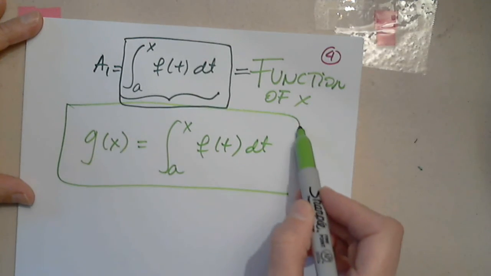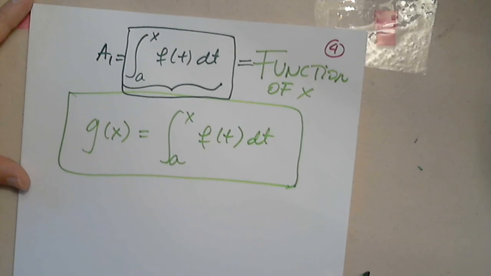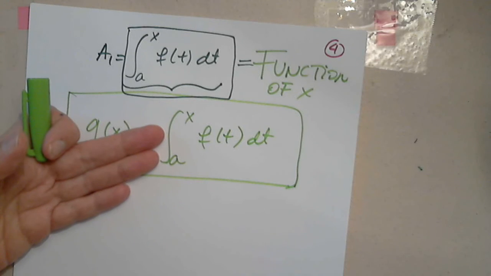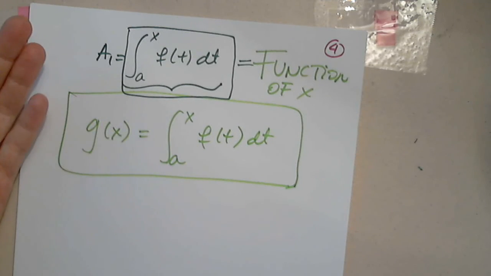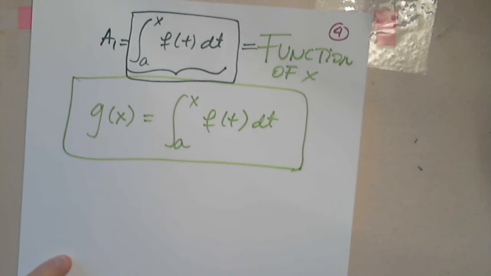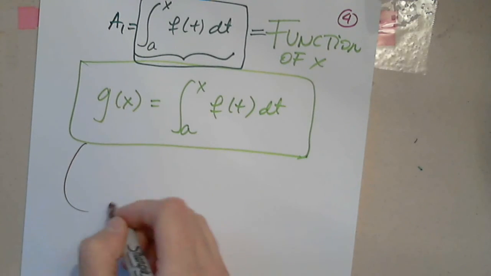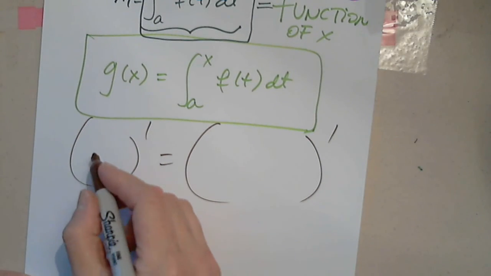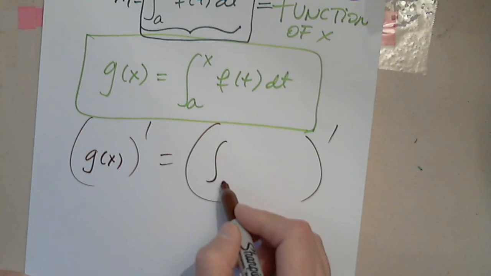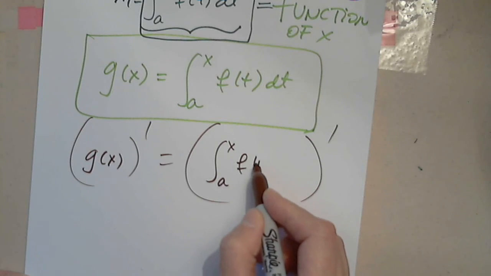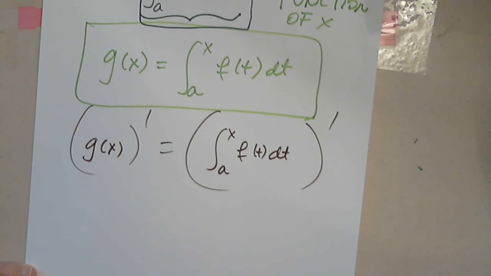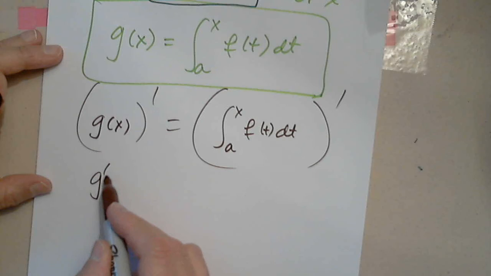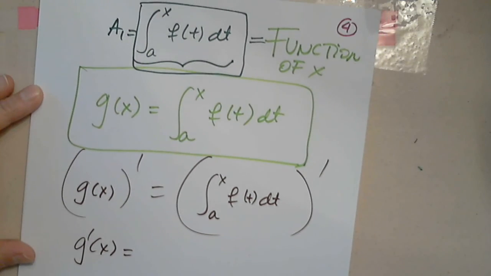Okay. So you're going to ask, fine, you created a function that has an integral in it. Wonderful. So what? This is how I can illustrate that if I differentiate this side and I differentiate this side, let's see what we get. On the left-hand side, I get g prime. No question there.